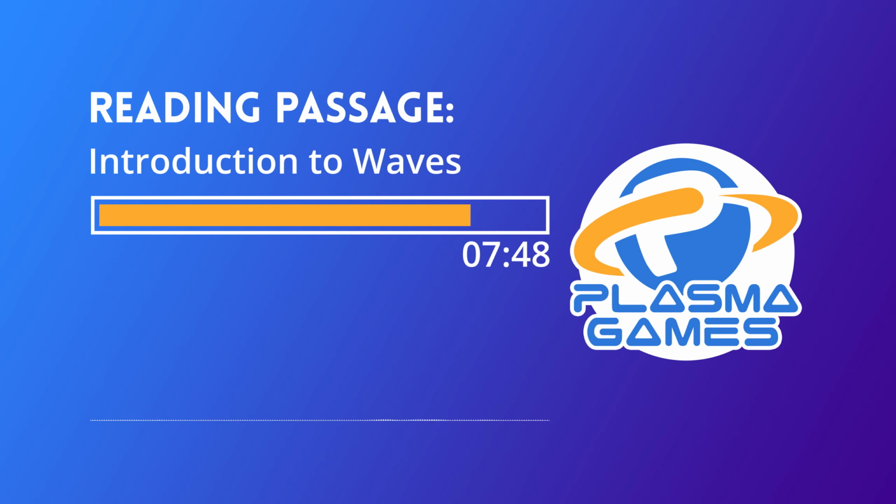Which type of wave requires a medium to travel through? Number 4. Explain how a wave moves using the terms medium, oscillate, and equilibrium. Number 5. Compare and contrast transverse and longitudinal waves.